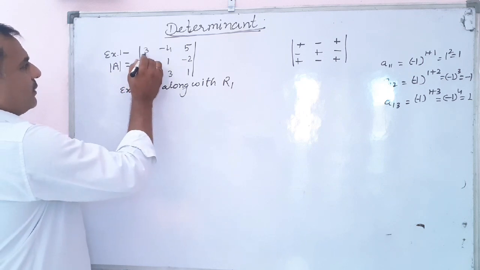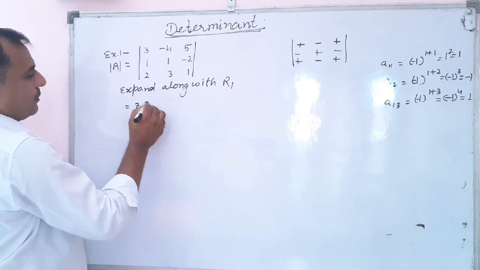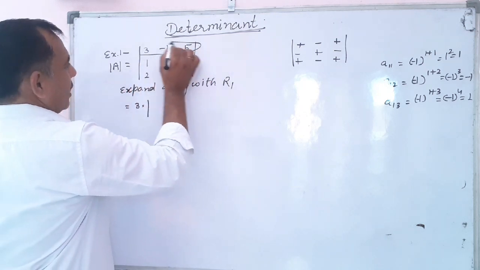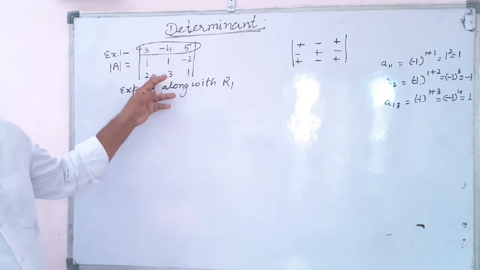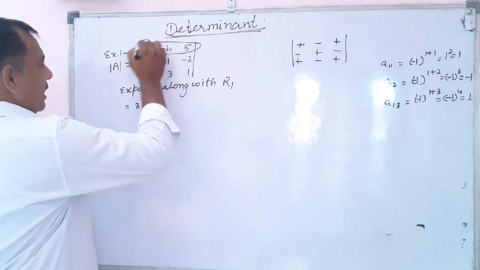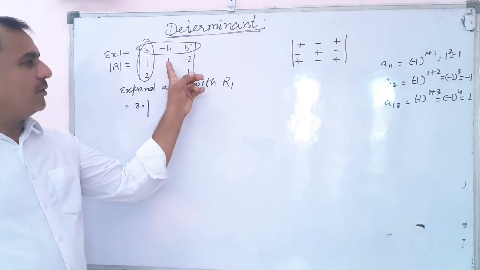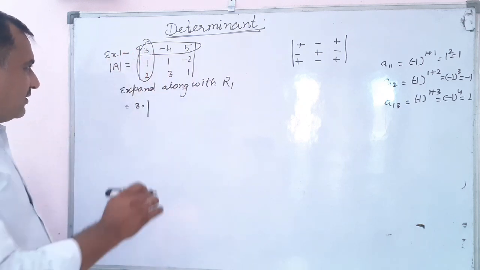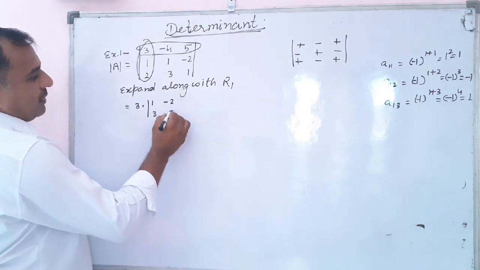The first element of R1 is 3, then 3 into the determinant where all elements of R1 and the C1 are eliminated, and the remaining is |1 -2; 3 1|, as it is.